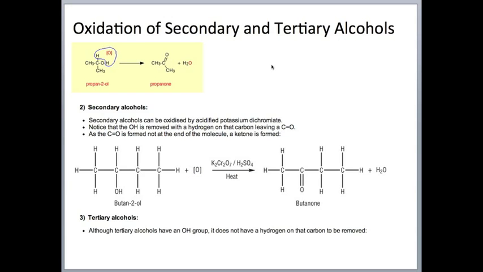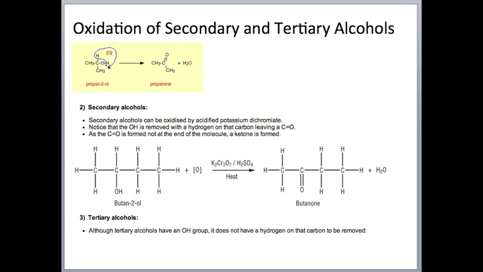Oxidation of secondary and tertiary alcohols. Secondary alcohols can also be oxidized by acidified potassium dichromate. However, notice that the OH is removed with a hydrogen on that carbon, leaving the carbon-oxygen double bond. I've shown it here on the example of propan-2-ol.